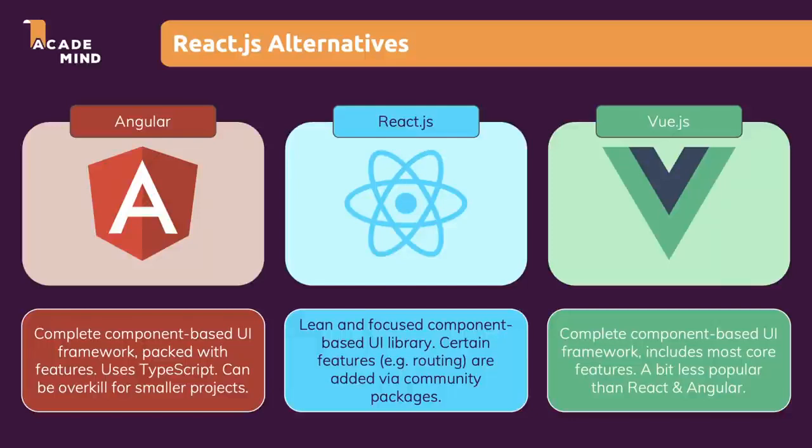It includes core features like routing, for example, and therefore with Vue, you also have to rely less on the community, and still you don't have as much overload, possibly, as you might have with Angular, depending on what you build. I also got a more detailed comparison video on these three technologies in case you're interested in that. Now, all three are super popular. React currently is probably the most popular, but all three are great. I got courses on all three, and therefore checking those out might be a good idea as well. But this course, of course, is about React, and therefore let's not lose any time. Let's dive right in.